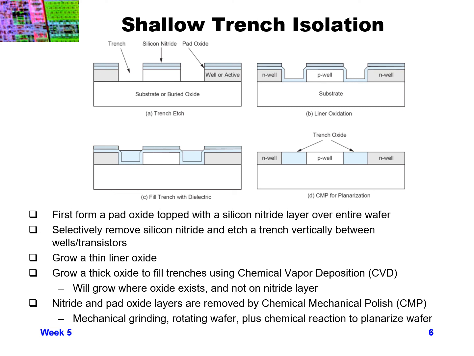But before the first step shown in the figure above, before the trench etch, first we need to form a pad oxide layer on top of the entire wafer and a silicon nitride layer over top of the pad oxide. And so then we'll have a flat wafer with pad oxide over the entire wafer and silicon nitride over the entire wafer.